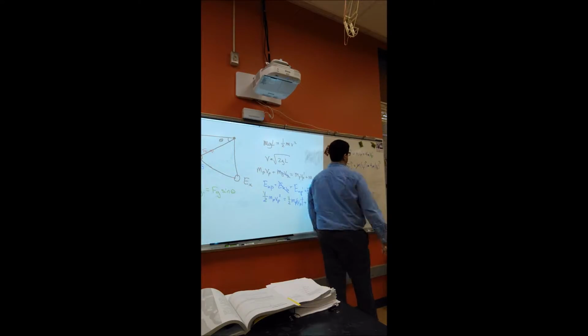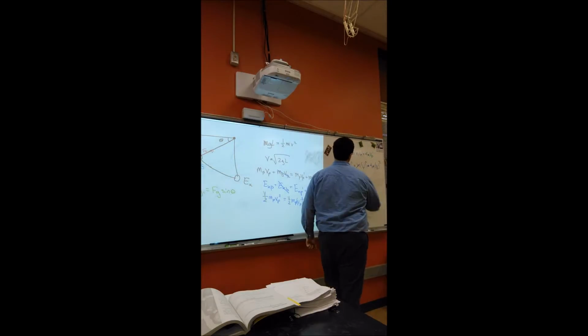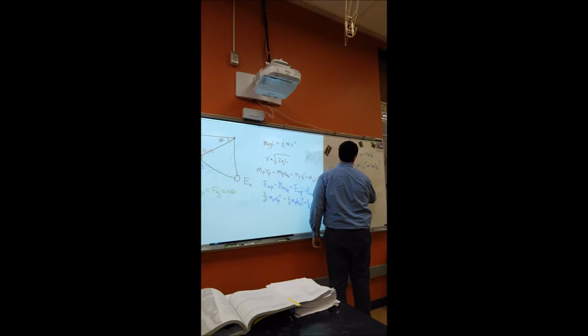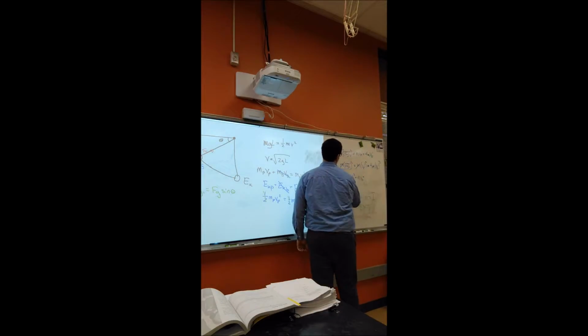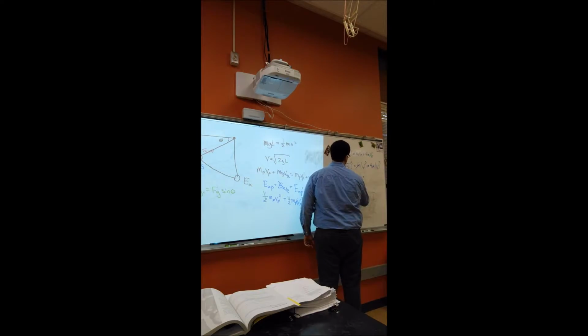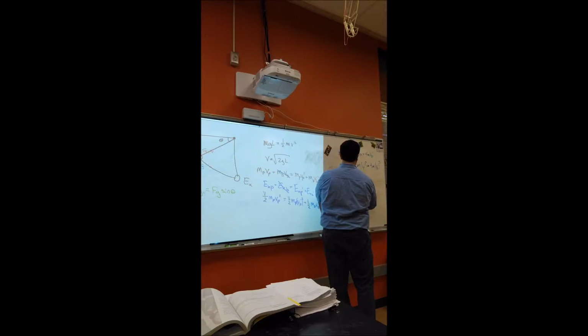So what I'm going to do here is solve for Vp prime and then plug it into the initial equation. So we end up getting 2gl equals Vp squared plus 4Vb squared. I subtract it over, and so we get Vp equals the square root of 2gl minus 4Vb squared.